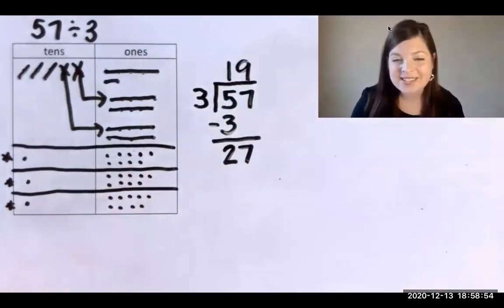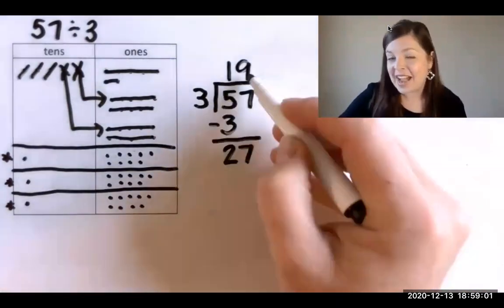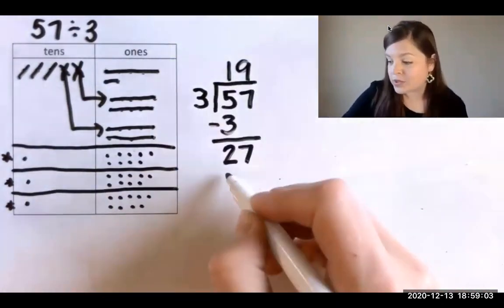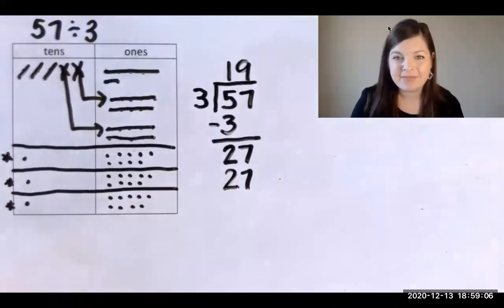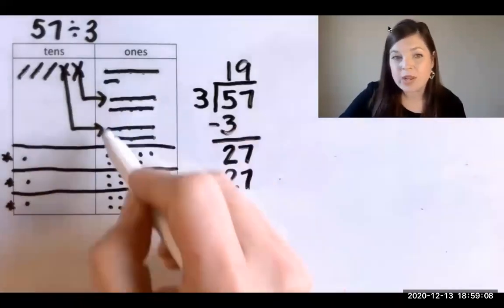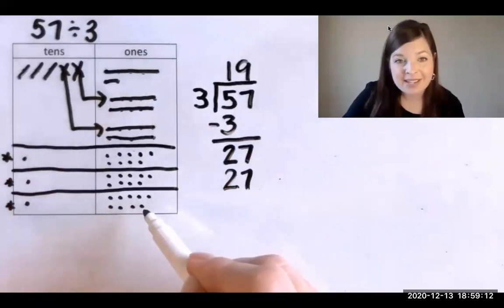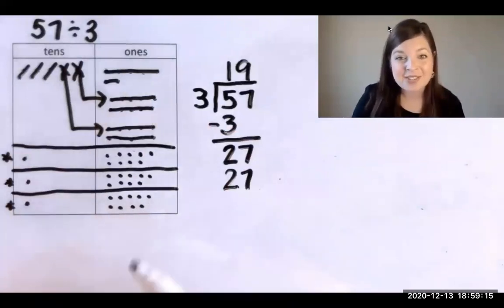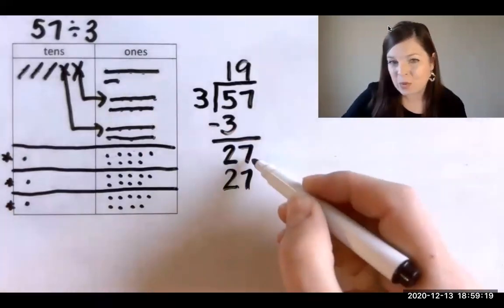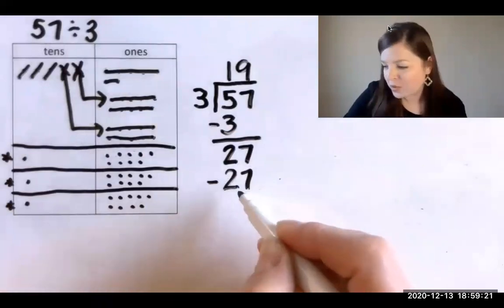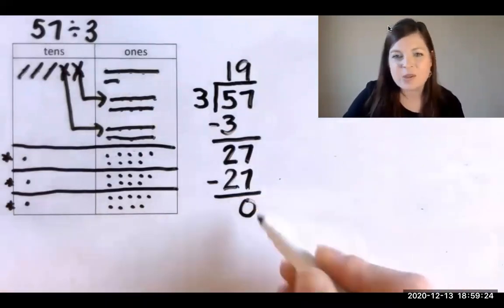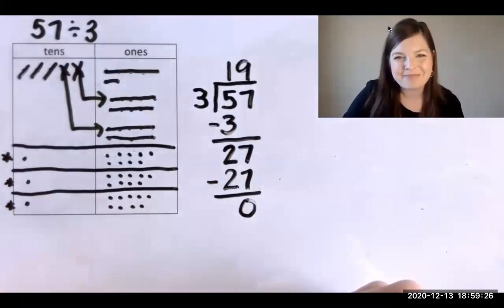Say a multiplication sentence that tells how many ones we distributed altogether. 9 ones times 3 equals 27 ones. So we had 27 ones to distribute, and we distributed all 27 ones with no ones remaining. Say a subtraction sentence that tells us that. 27 ones minus 27 ones equals 0 ones. So we have 0 ones remaining.